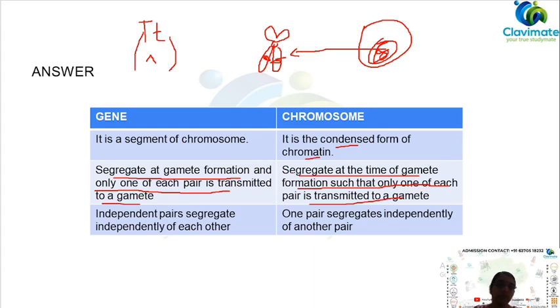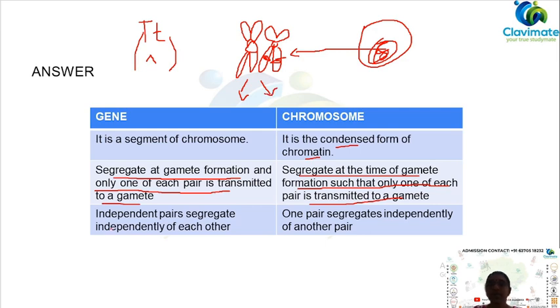Chromosomes also segregate at the time of gamete formation, and one of each pair is transmitted to a gamete. So if we have two chromosomes, one of each pair is segregated to a gamete.